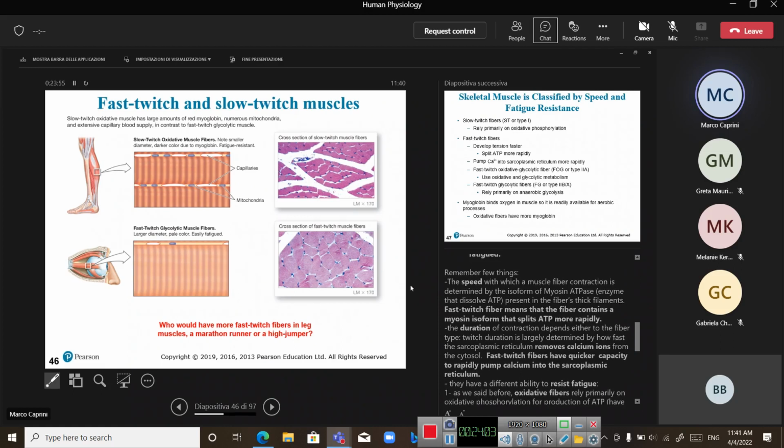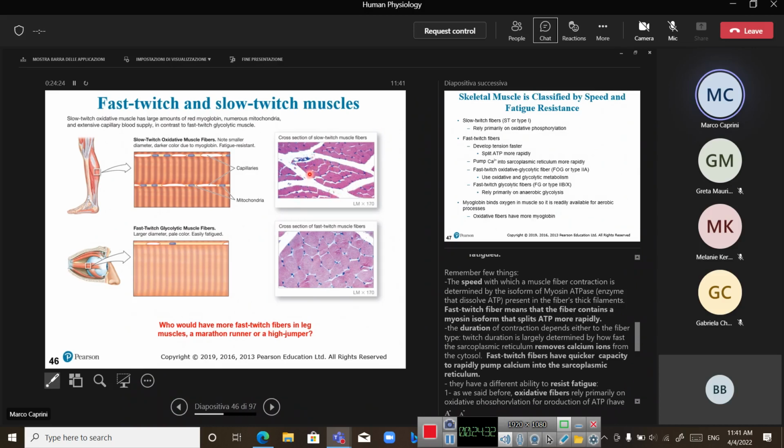Remember also a few things from these important characteristics of muscles. The speed with which a muscle fiber contracts depends on the isoform of the myosin ATPase.